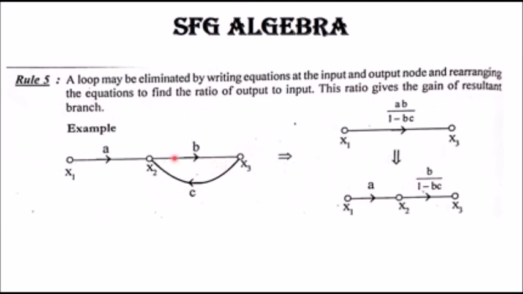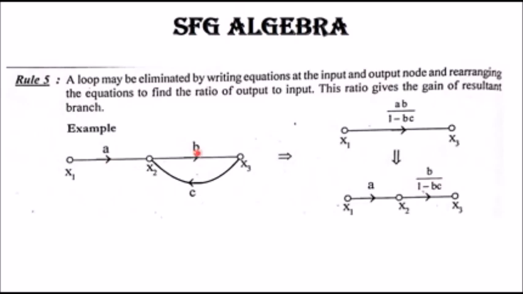And this is the loop kind of thing: x1 to x2 with the transmittance of A, then x2 to x3 with transmittance of B, and x3 to x2, this is the feedback, and C is positive, so it's called positive feedback. We have studied the positive feedback formula, g of s divided by 1 minus g of s into h of s. Here g of s is b, and don't bother about a because a is different here.